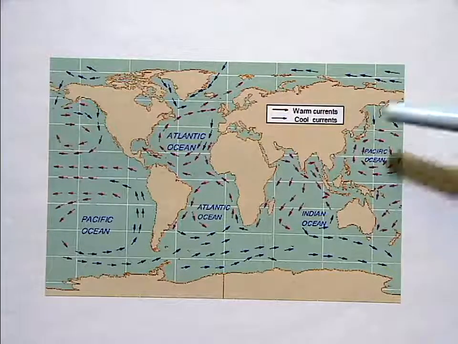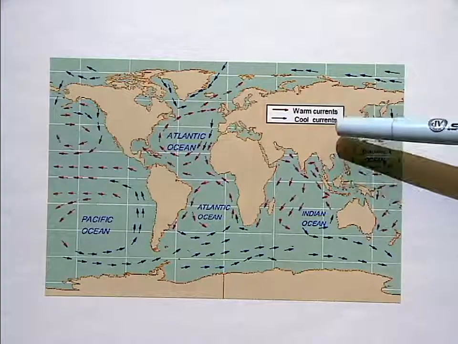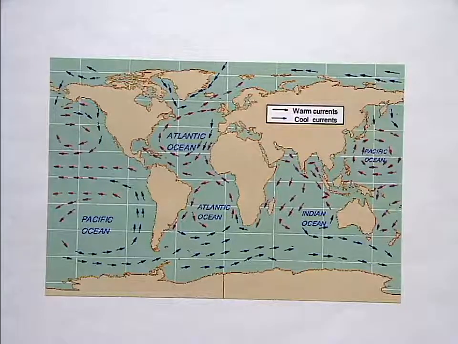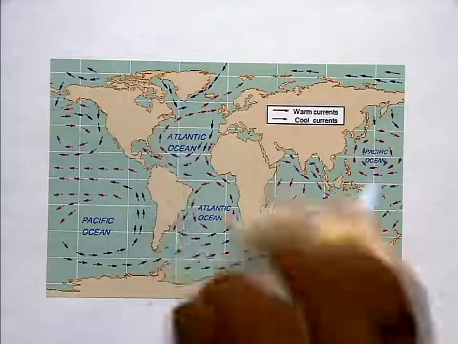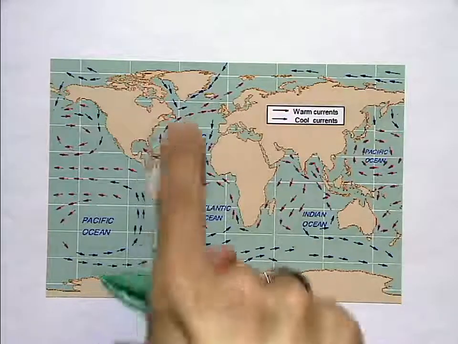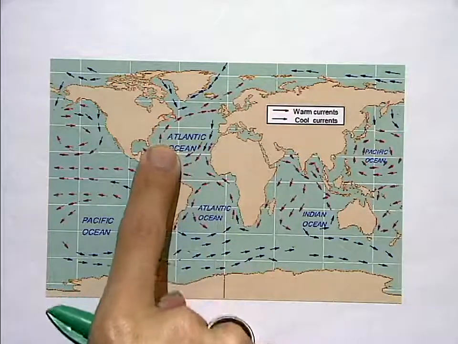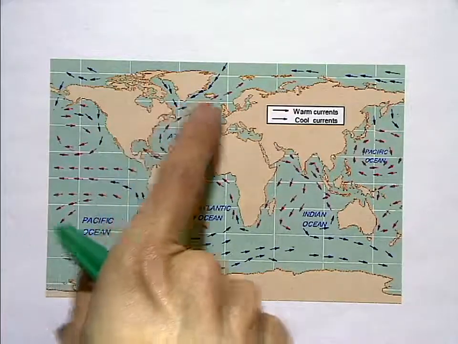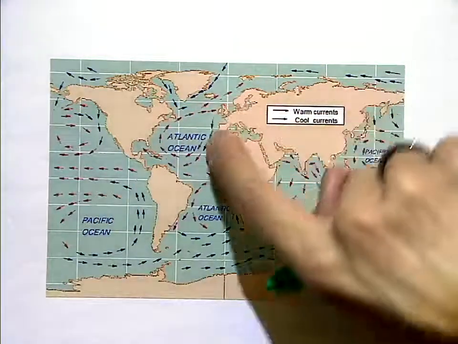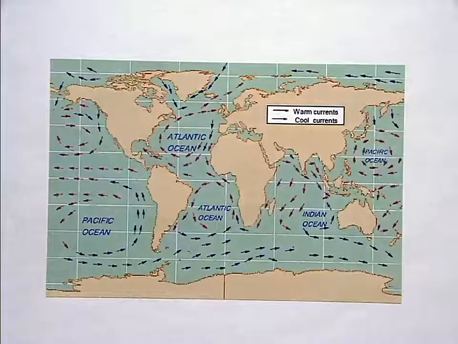You see the red ones are the warm currents, the blue ones are the cool currents, and you pick a point on the ocean, let's say right off the east coast, and in this area we expect warm current to be going kind of north, and then it's going to follow the coast, go to Europe, and then gets cooler, comes back, and all these things, different kind of things happen.